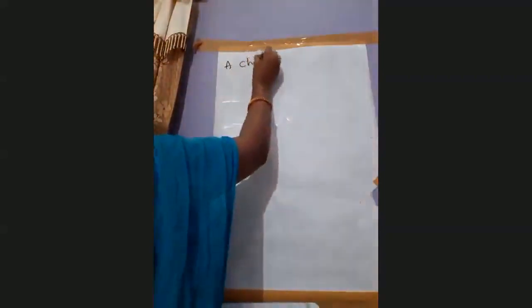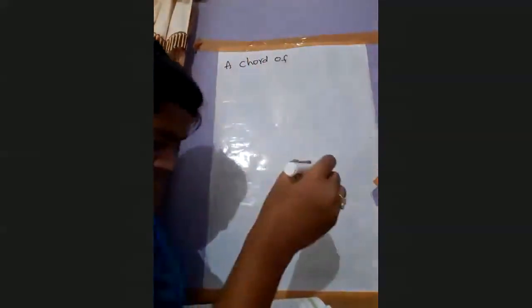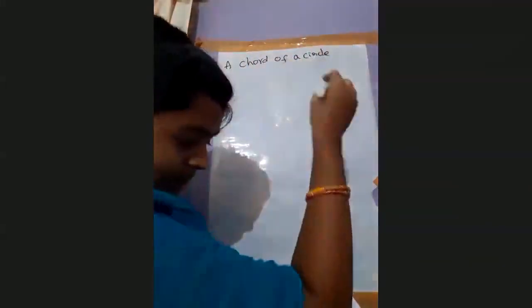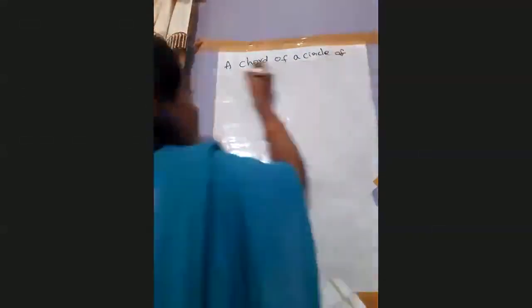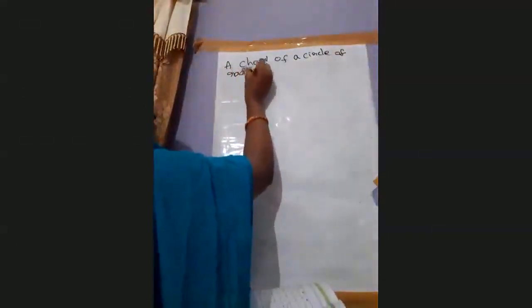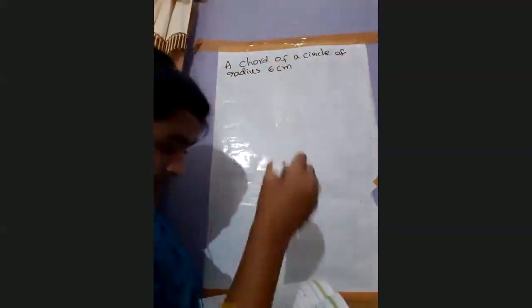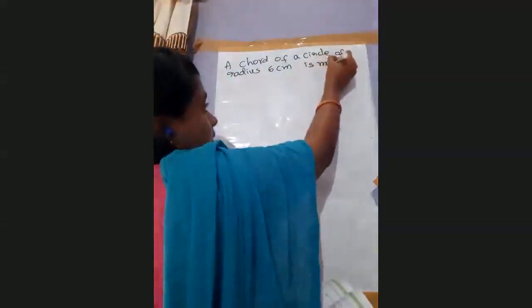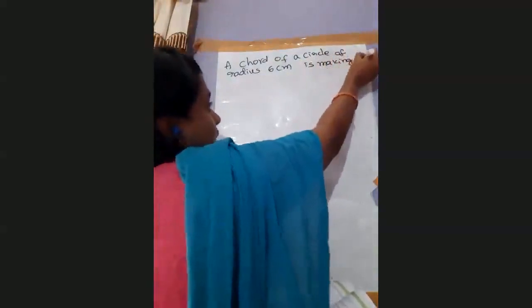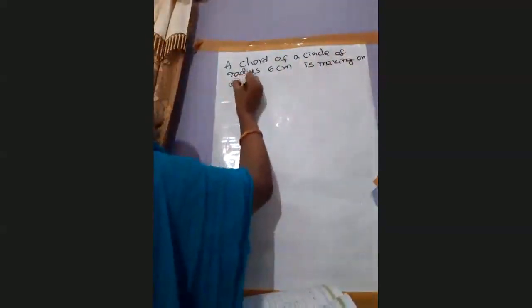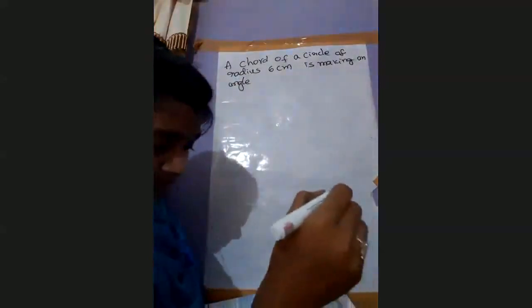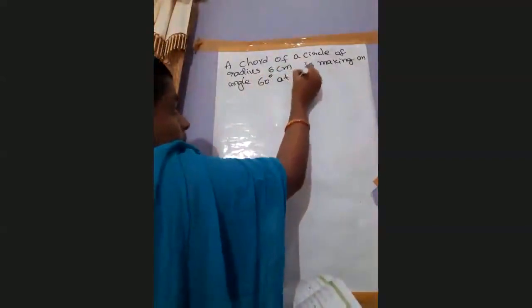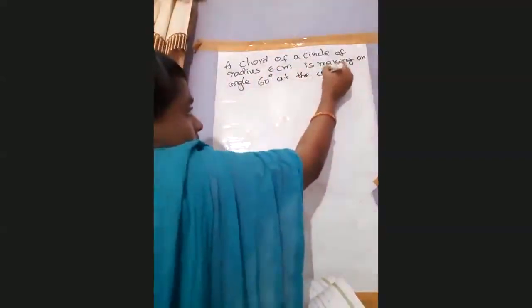A chord of a circle of radius 6 centimeters is making an angle of 60 degrees at the center.